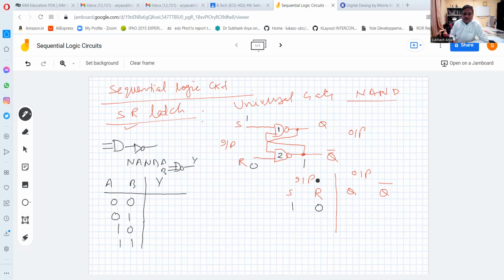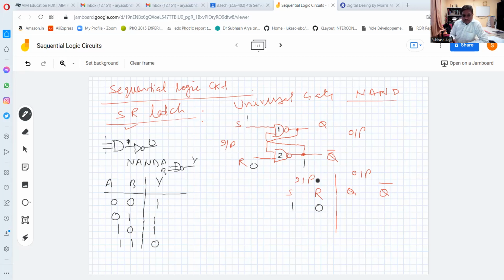And the complement of 0, this NOT gate, will give output 1. Here 0 multiplied by 1 will give you 0, so output will be 1. Same case for this, 1 0 is 1. However, if it is 1 1, then the AND output will be 1, because 1 multiplied by 1 is 1. And the NOT gate makes this logic 1 to 0. So the output will be 0.